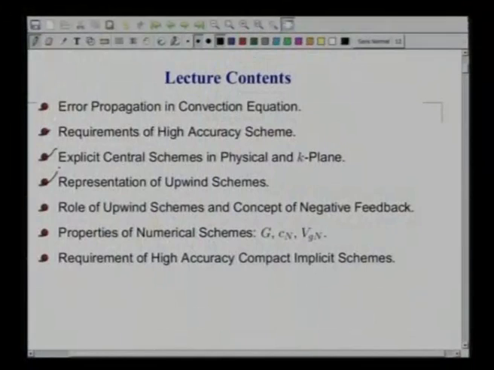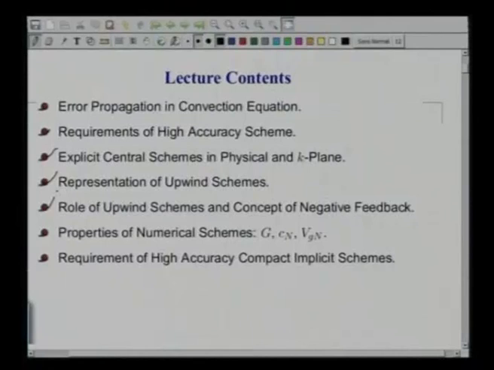So, that is what we will show, the connectivity of this concept with negative feedback stabilization of systems. Having done that, we have decided upon the schemes, whether we take central schemes with explicit numerical dissipation added, or the upwind schemes which have built in implicit dissipation.